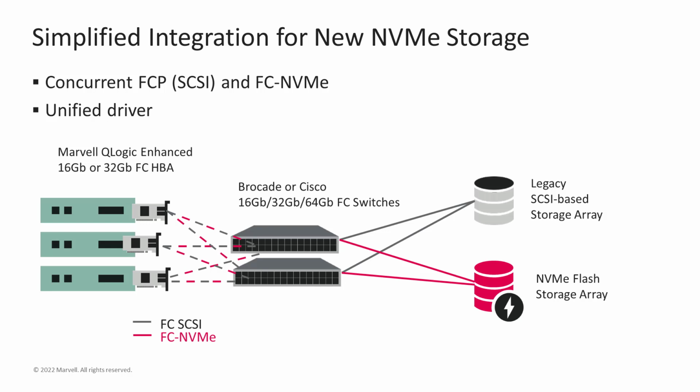With Marvell QLogic Fibre Channel HBAs, the HBA driver supports both Fibre Channel SCSI and FC-NVMe today, a single driver for both. Competitors require customers to add a separate FC-NVMe driver to support connectivity to the FC-NVMe storage. This is an extra step that the administrator needs to take on each server in the SAN, and that simply isn't required with the Marvell QLogic technology.